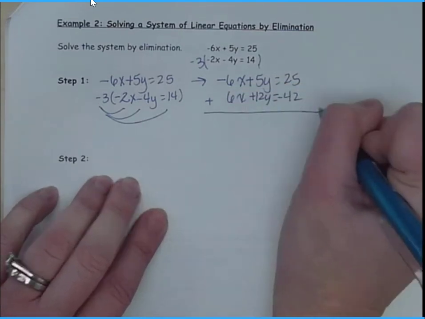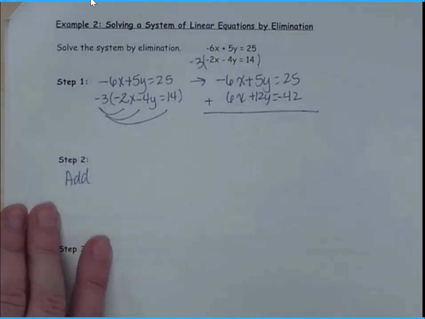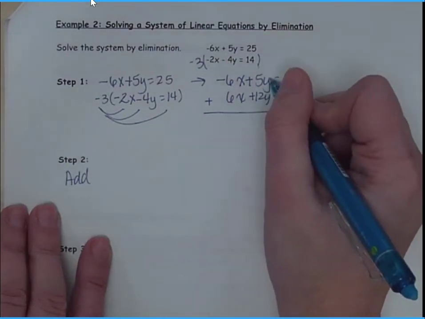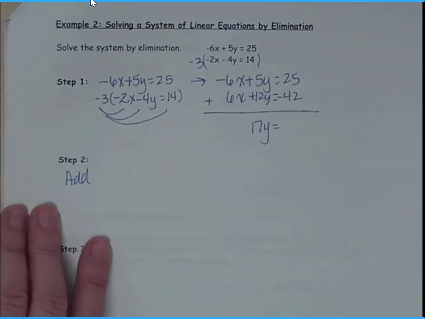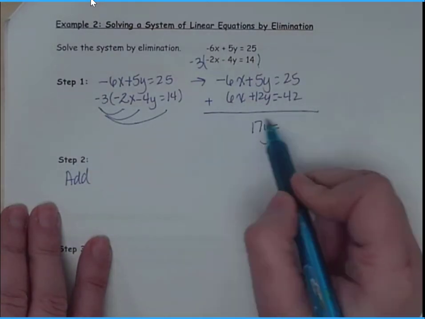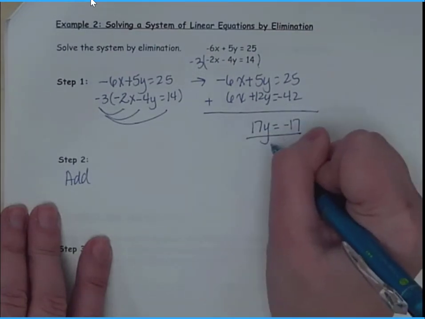So now I'm going to go ahead and add. Let's see, those cancel out. So I end up with 5y plus 12y is 17y equals 25 plus -72 is, ooh, I like this, -17.